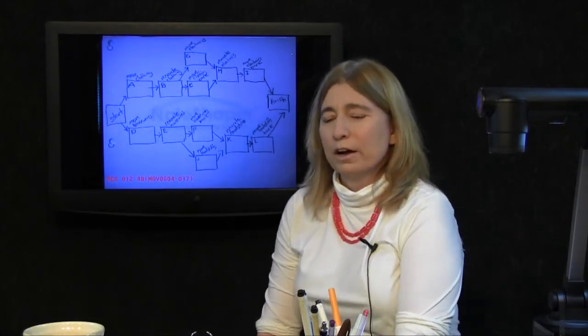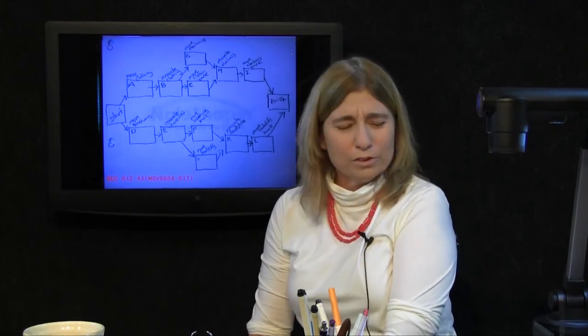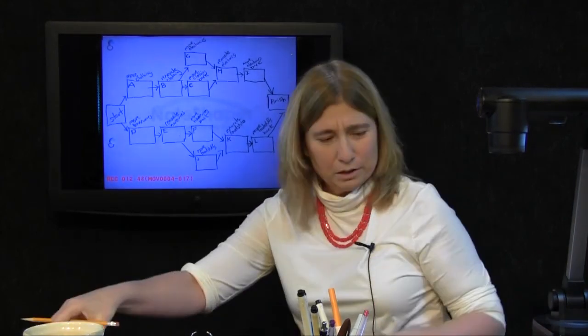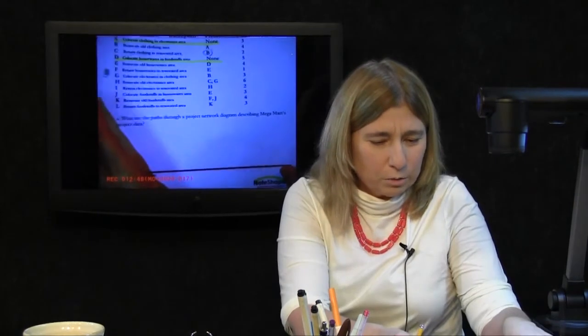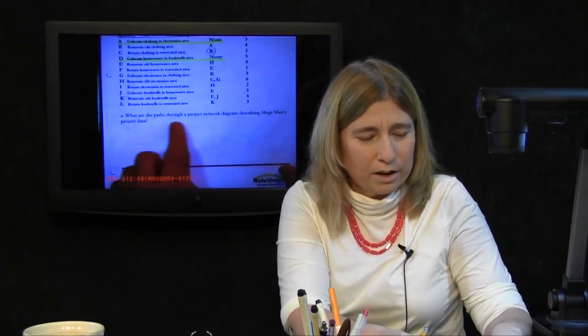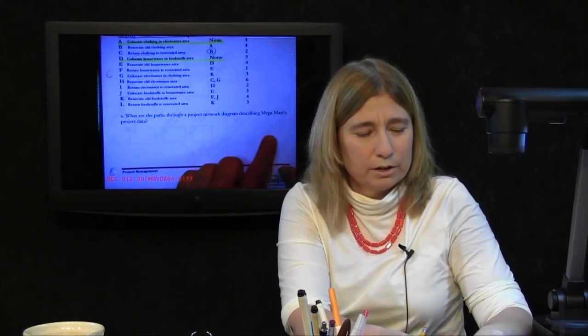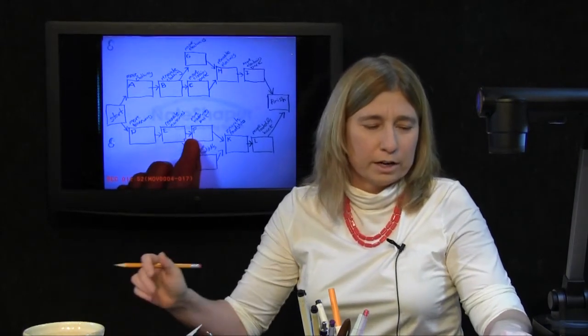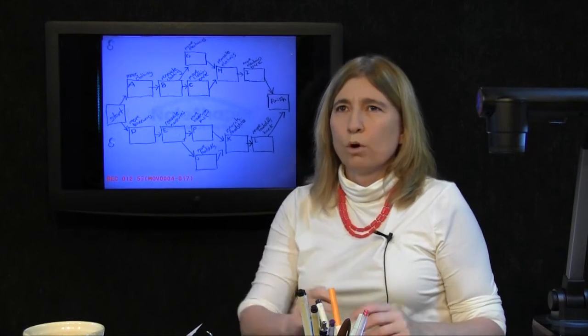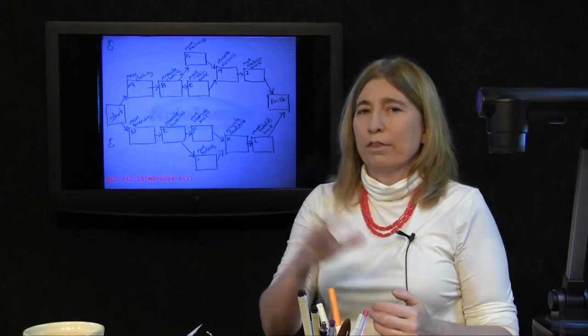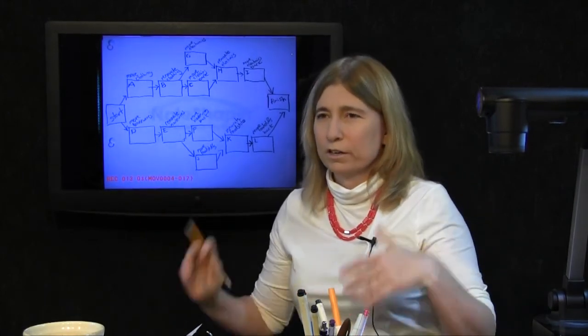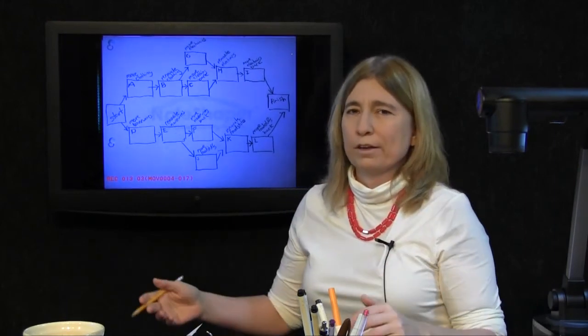We've drawn the network, and we've invested a considerable amount of time in that, so we might have forgotten what the question actually was. The question we were working on is, what are the paths through a project network diagram? This is the project network diagram. We get so absorbed in finding the critical path in CPM that we often forget that there are a bunch of paths through a network.